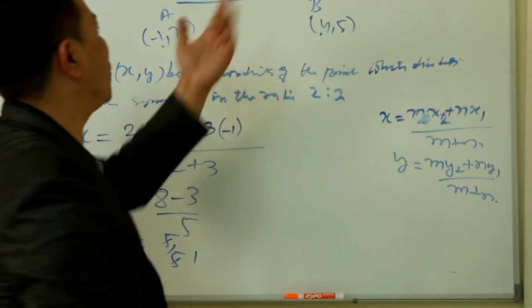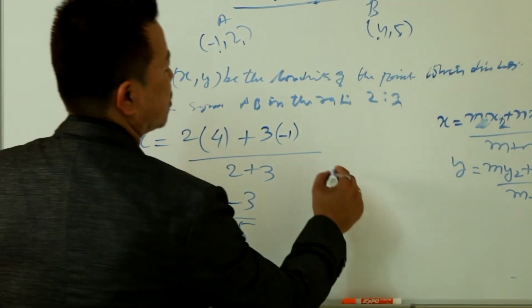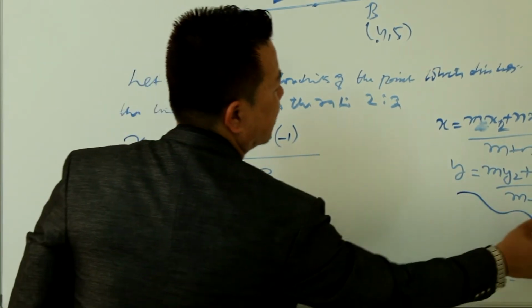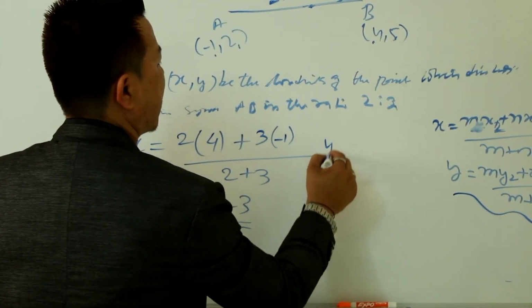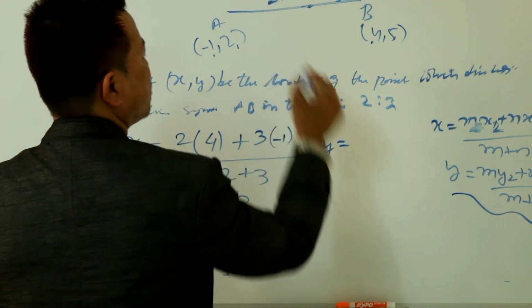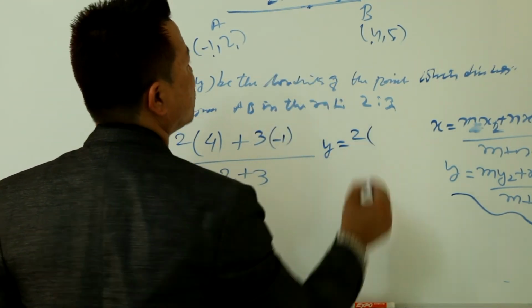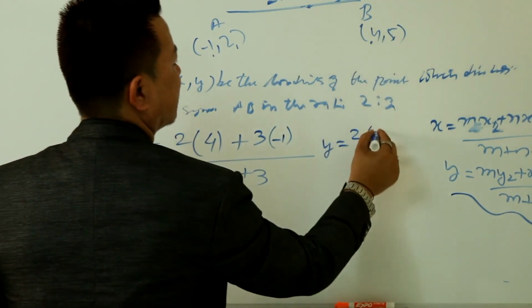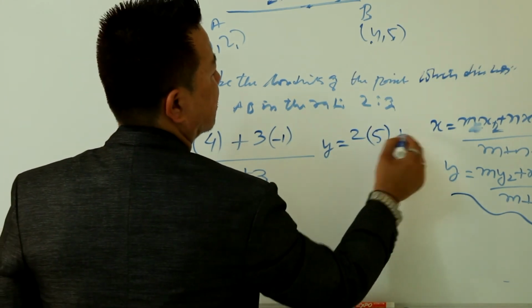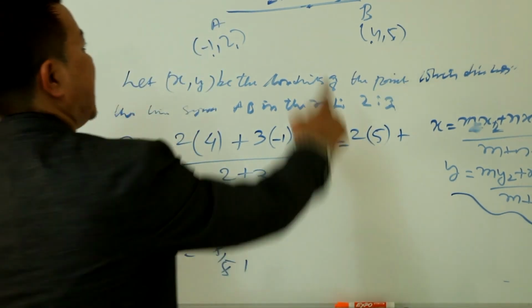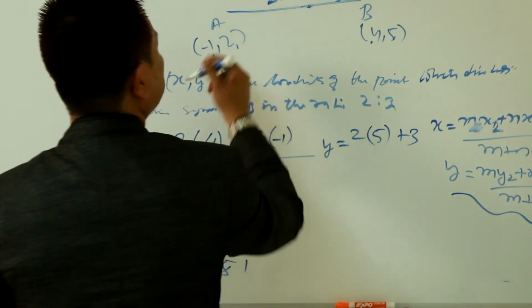Similarly, using this formula, you can find the value of y. So y is equal, what is the formula? This is the formula I have already written. So y equals to m, again m is 2 here, and y2, what is y2 here? 5. n y1, what is n? 3. y1 is 2.